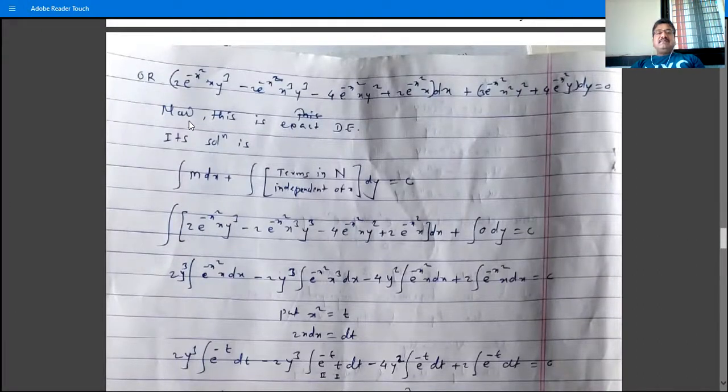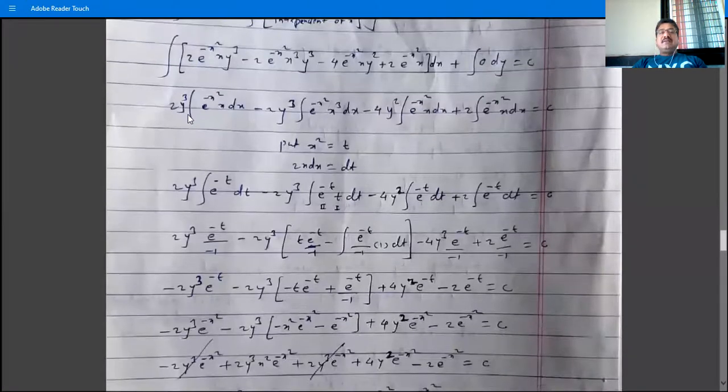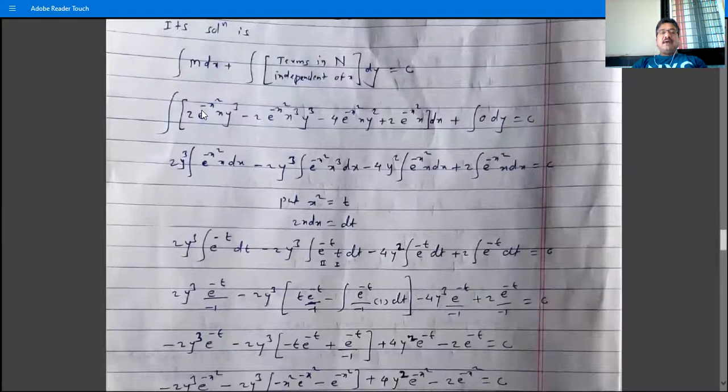There are two terms in N, but both contain x, so there is no term independent of x in N. So write 0 dy equal to constant.